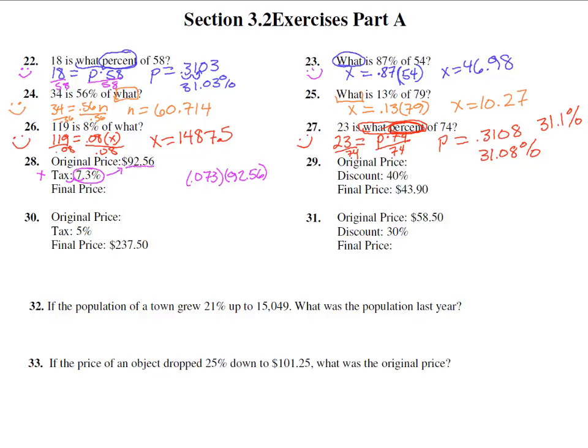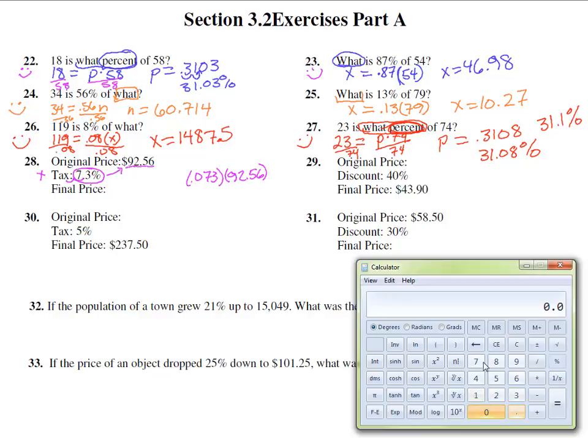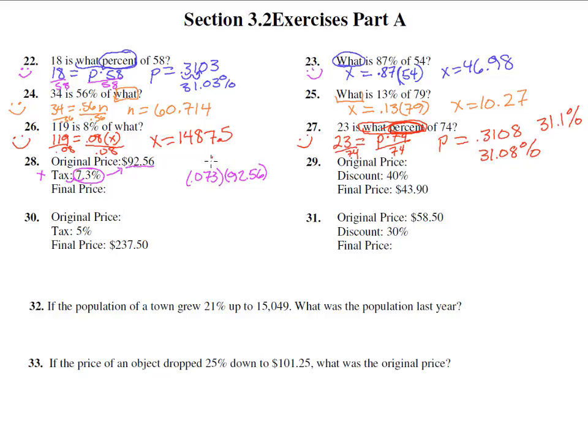Let's punch that in the calculator. 0.073 times 92.56 equals 6.75688, 6.76. This that we just found, 6.76, that's the amount of tax that will happen.